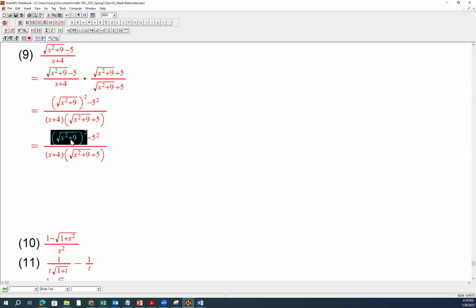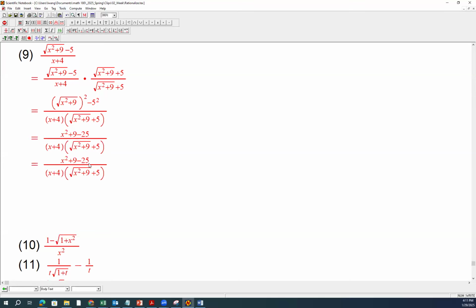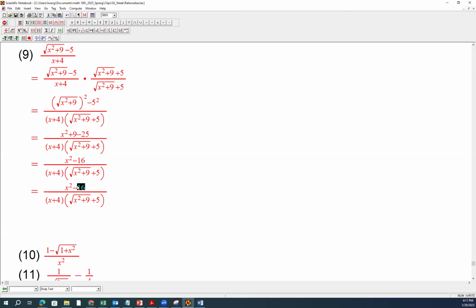Okay, so this will be x squared plus 9, right? The whole of this will become x squared plus 9, and 5 squared is 25. And the next step, we're going to combine 9 with negative 25. That will make a negative 16. x squared minus 16, 16 can be seen as a 4 squared.